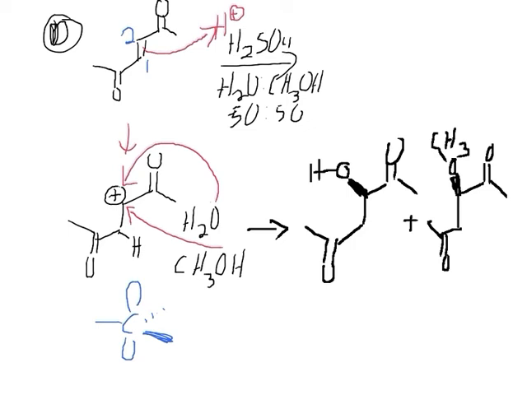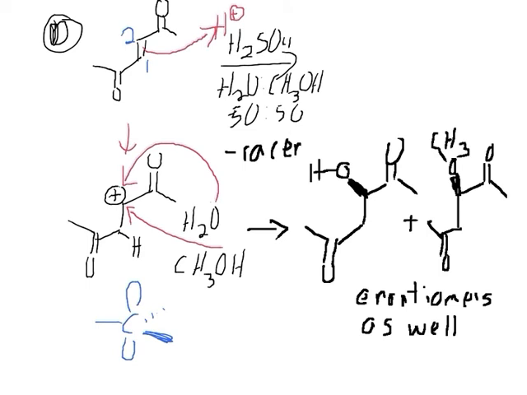And here at this point you'd also get both enantiomers for both of these as well. So when you have a carbocation, you get racemic mixtures, but no preference to cis or trans.